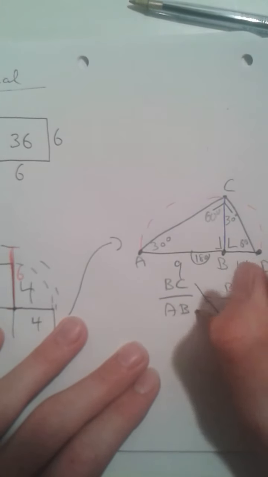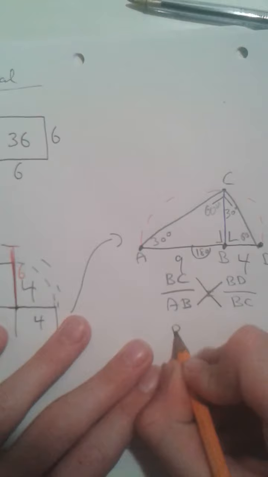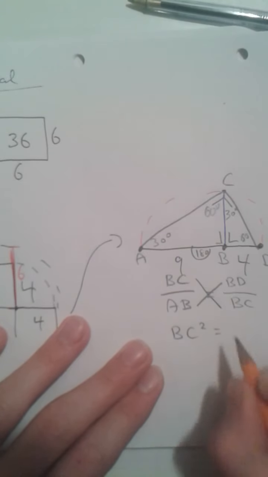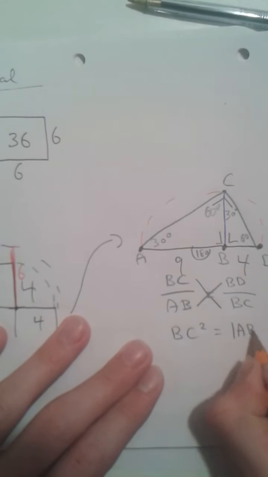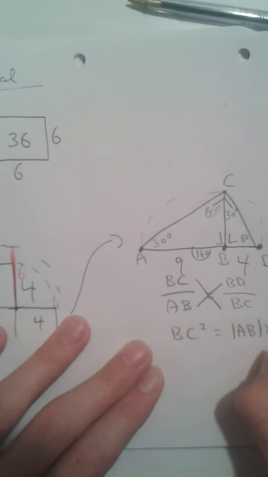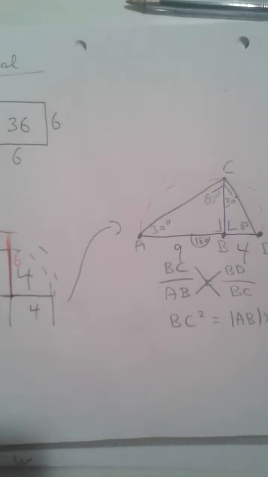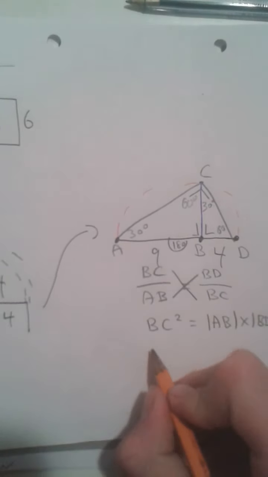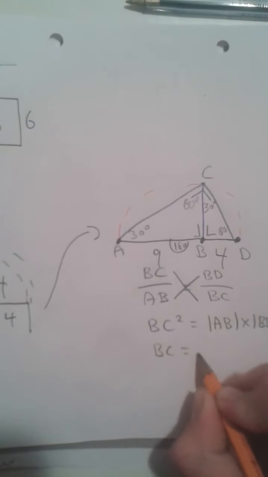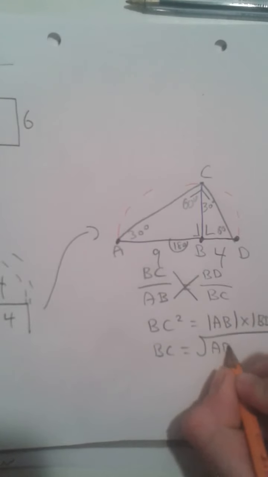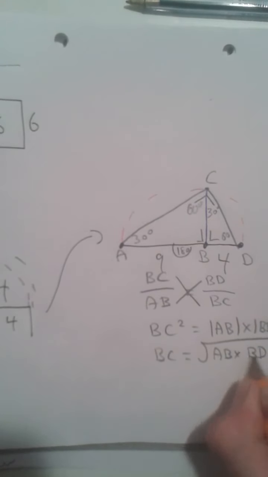And then we just cross multiply them. And that is BC squared is equal to AB by BD. And then BC is equal to the square root of AB by BD.